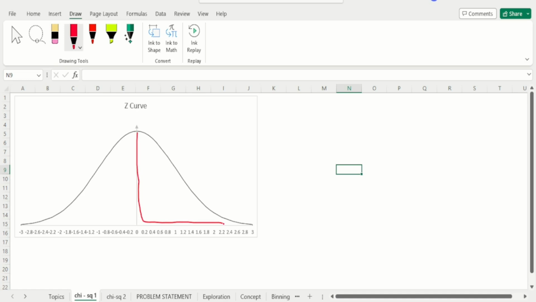This will be a curve which comes very close to the y-axis, and then curves again at the bottom and remains very close to the x-axis as well. So this is the shape of the degrees of freedom 1 chi-square distribution.